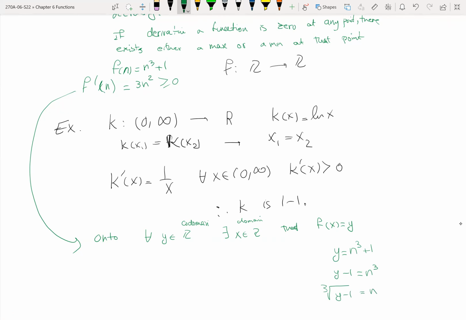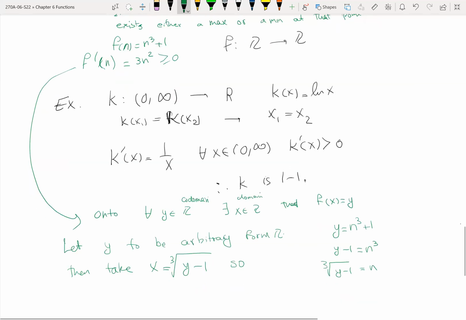So you can just say, let y be arbitrary from Z, then take x equals the third root of y minus 1.